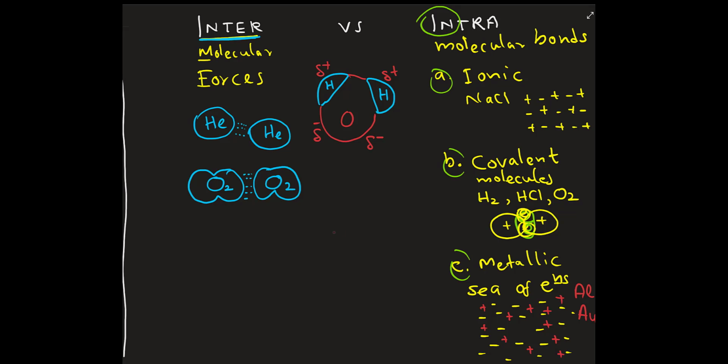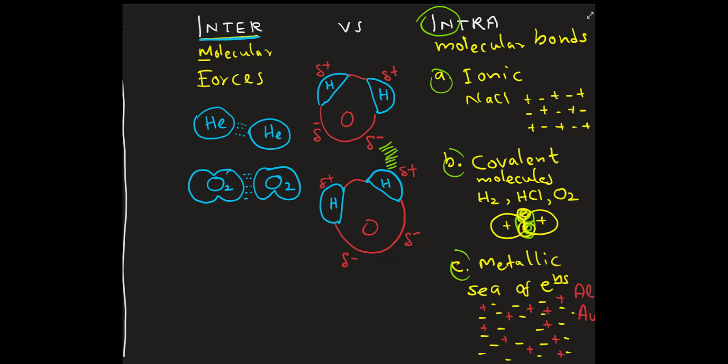The hydrogens get delta plus, a small partial charge, and oxygen gets delta minus, a small negative charge, right? Now, when they come closer, this delta minus and delta plus interact. That's the intermolecular force. That's actually called hydrogen bonding.